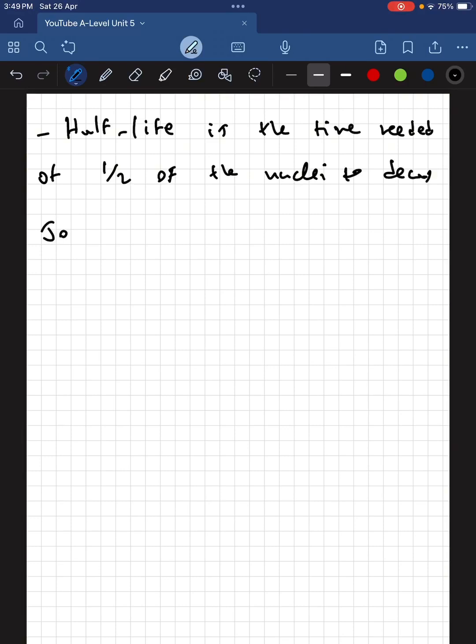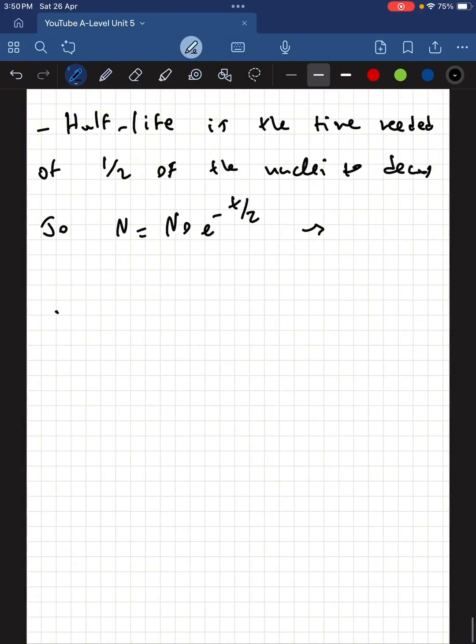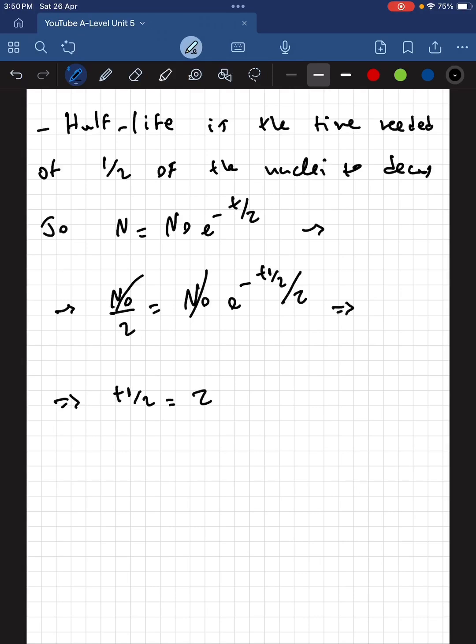If we go back to the N equals N naught e to the minus t over tau law and replace, we find N naught over 2 is equal to N naught e to the minus the time needed for half of the nuclei to be gone over tau. This cancels, and we are left with t 1/2 equal to tau times ln of 2, which is ln of 2 over lambda, something we already saw.